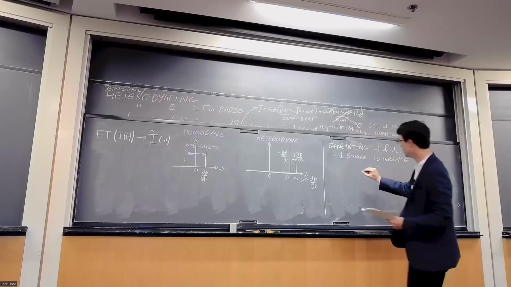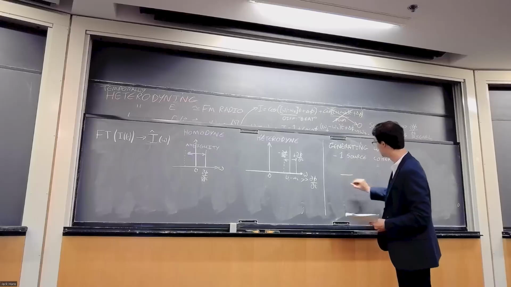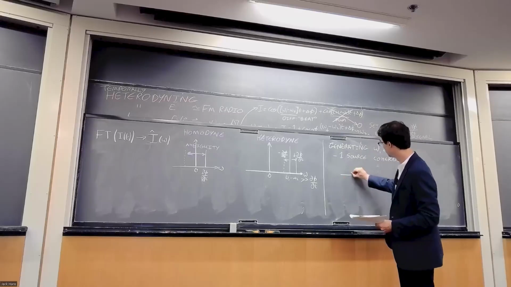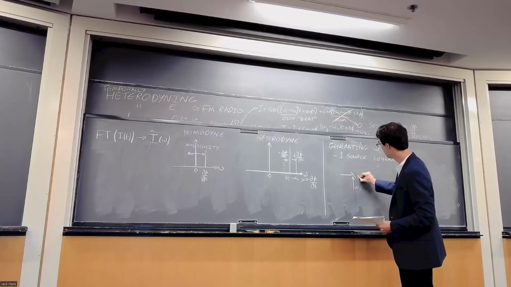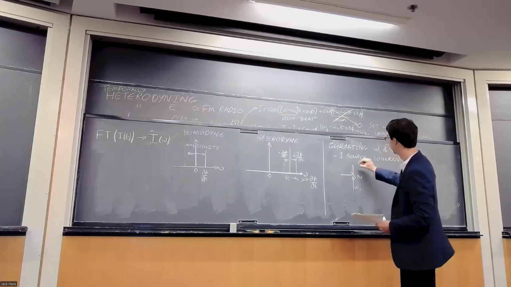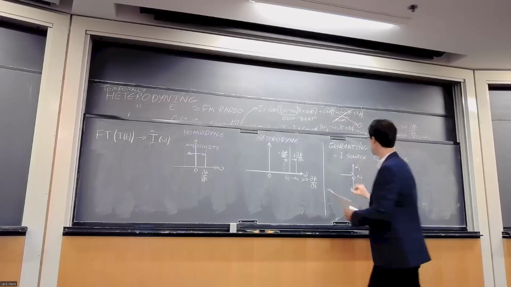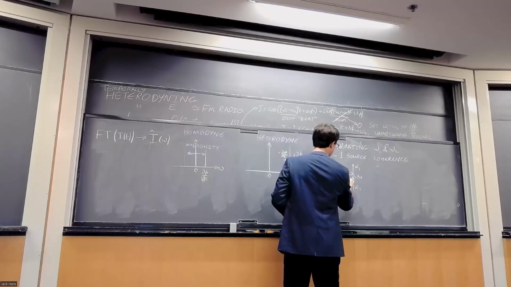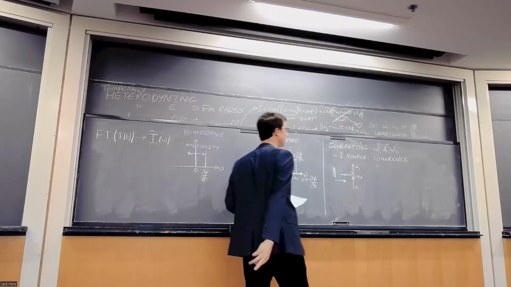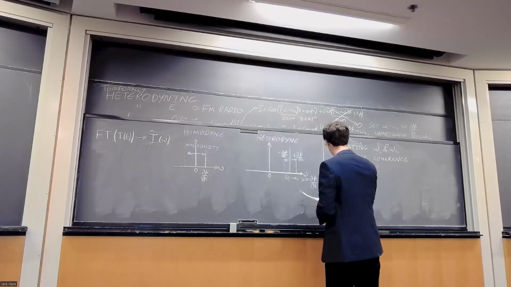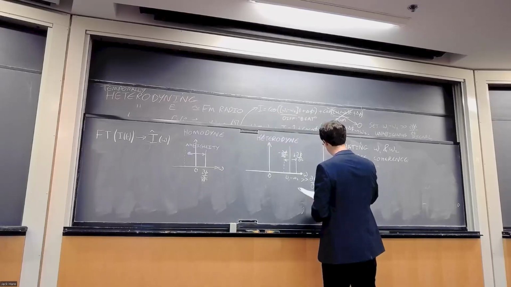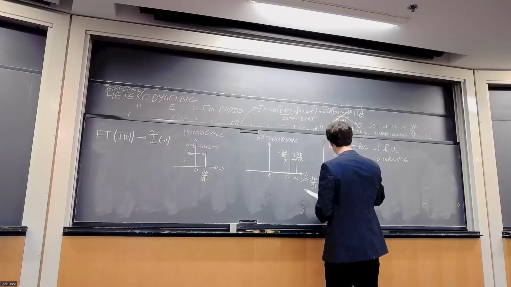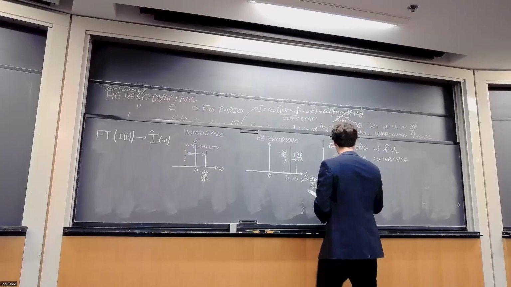So one thing you can do is you could split off your incoming laser at omega 1 with a beam splitter. And you could reflect half the light off a mirror, which you are rapidly accelerating towards or away from the beam. And then we would have omega 2 is equal to omega 1 plus V upon C.